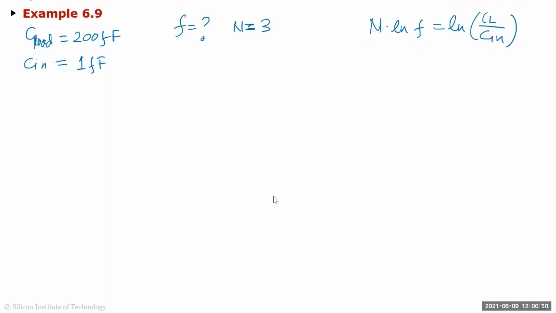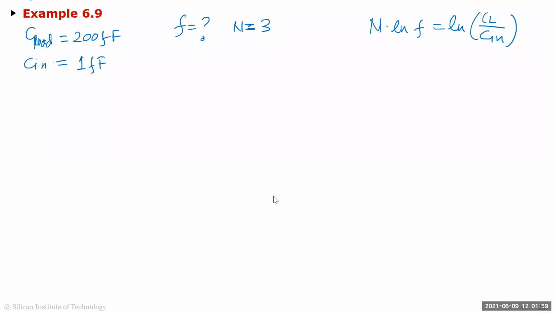Okay, someone says 2.3. Okay, so just use the expression. It's pretty straightforward. Values are given to you.